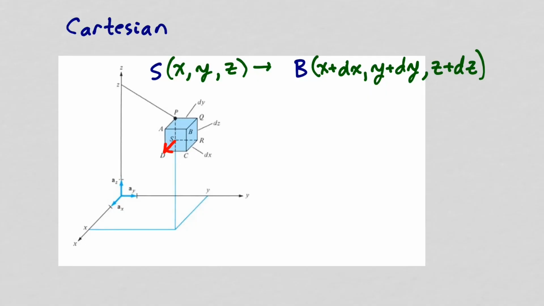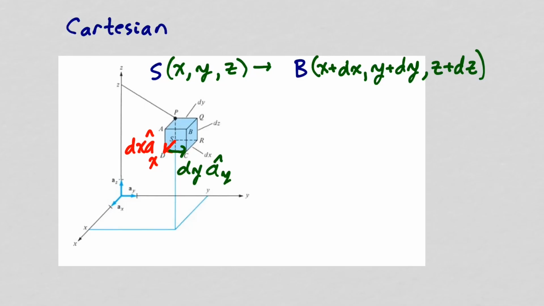Going from x to x plus dx, we can define a vector of magnitude dx in the x direction. Then going from y to y plus dy, we can define another vector, dy, in the y direction.